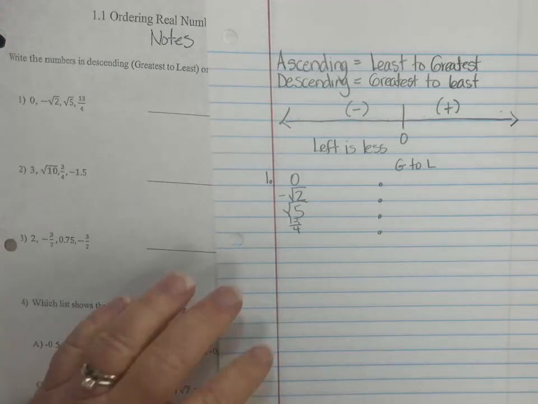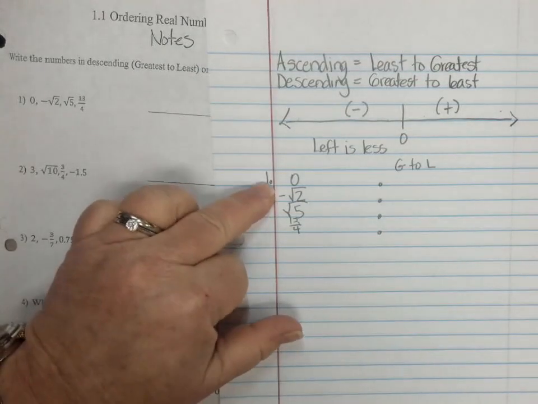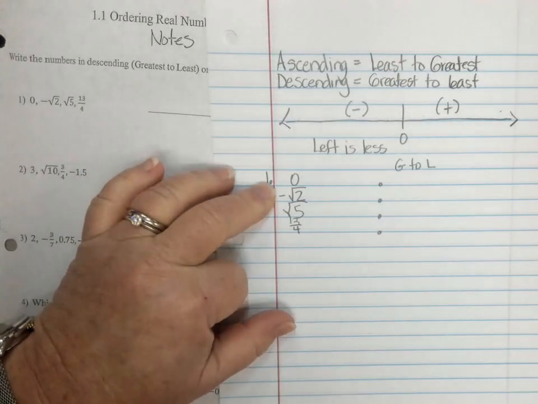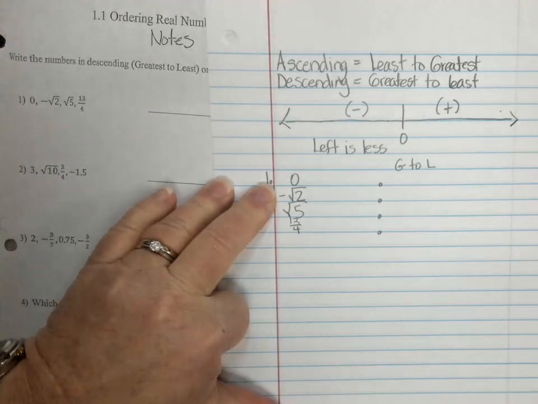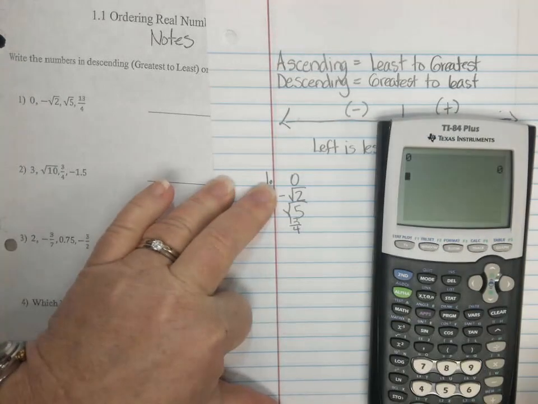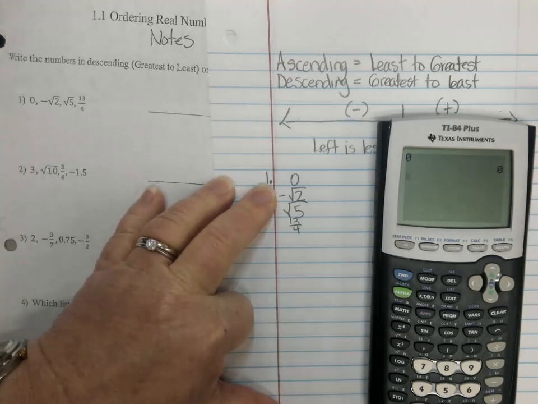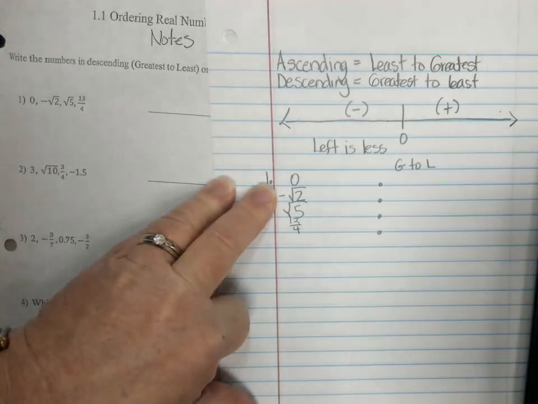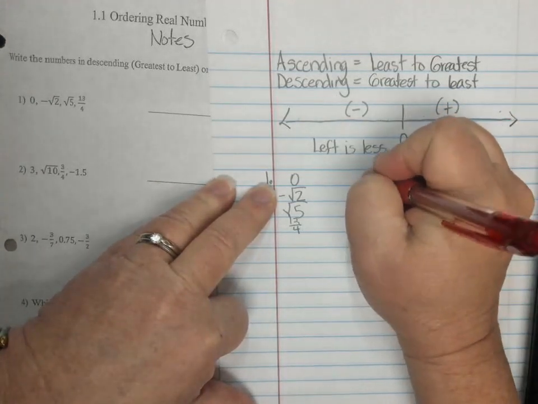Now, some of you still don't understand that a whole number has the decimal point after the number. But we need to learn that, okay? Just because your calculator doesn't show it, if it doesn't show your decimal point, that's always going to mean that it's after the number. So we are going to fill in, and we are going to put 0.